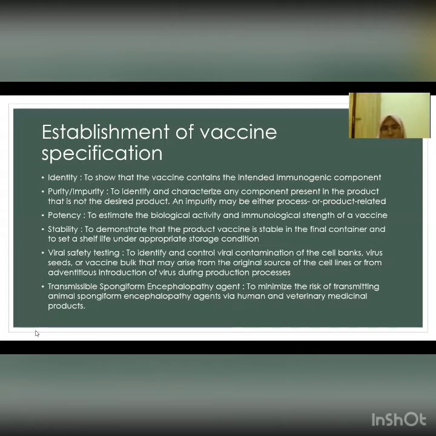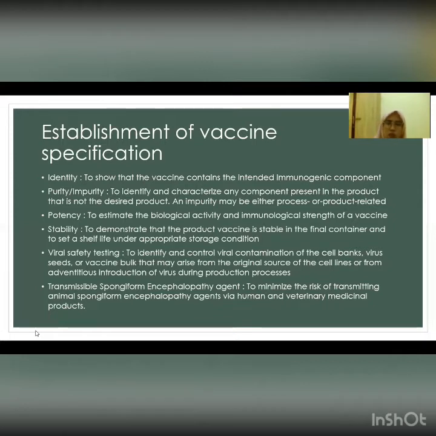Number five is viral safety testing. This is to identify and control viral contamination of the cell banks, viruses, or vaccine bulk that may arise from the original source of the cell lines or from the adventitious introduction of virus during the production process. And the last one is transmissible spongiform encephalopathy agents.